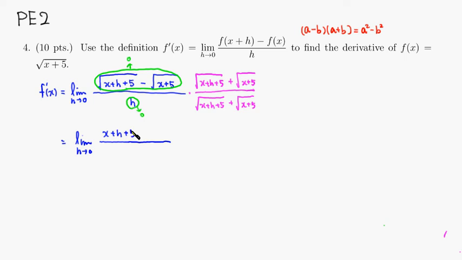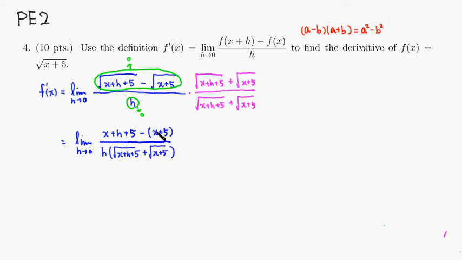That would be a squared minus b squared, so the square root is gone, and we have x plus 5. And on the bottom, there's nothing really clever we can do, so I'm going to just write them down. So h times square root of x plus h plus 5 plus square root of x plus 5.